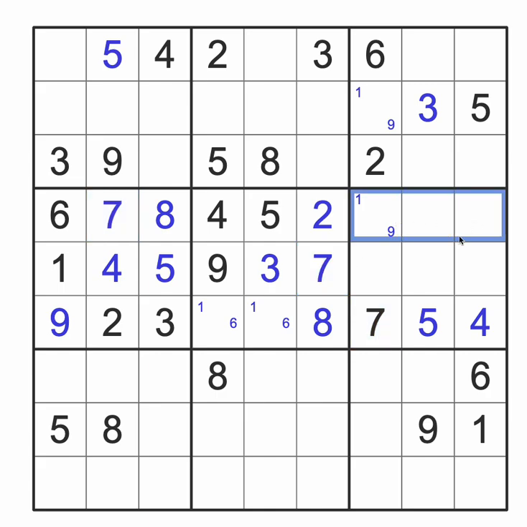These are 1 3 9. These will be 2 6 8. This cell is blocked by 2 and 6, so this is 8. 6 blocks this cell, gives me 2 and 6.